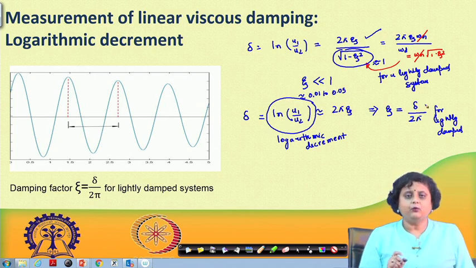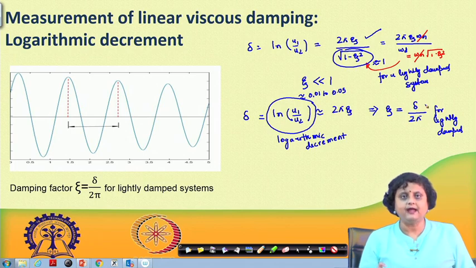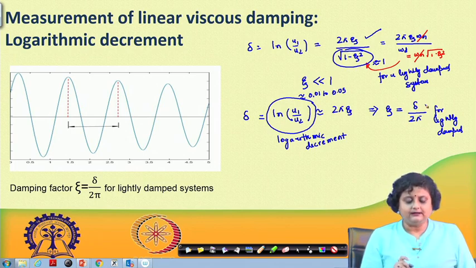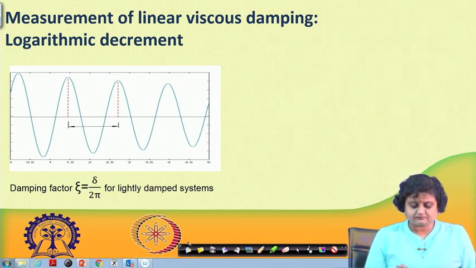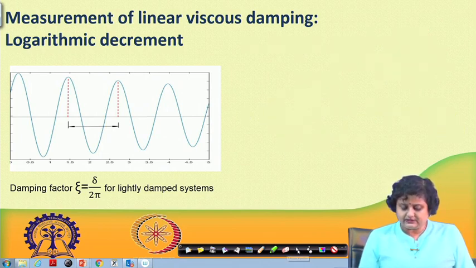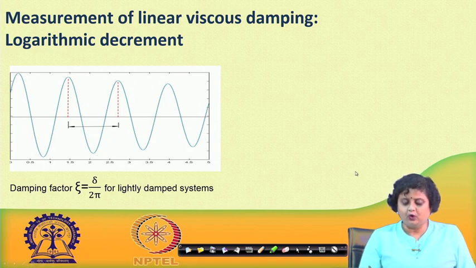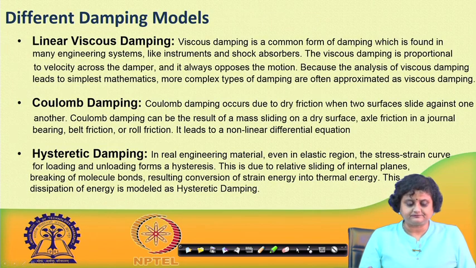Okay. This is the most common form of finding out linear viscous damping in an underdamped single degree of freedom system.